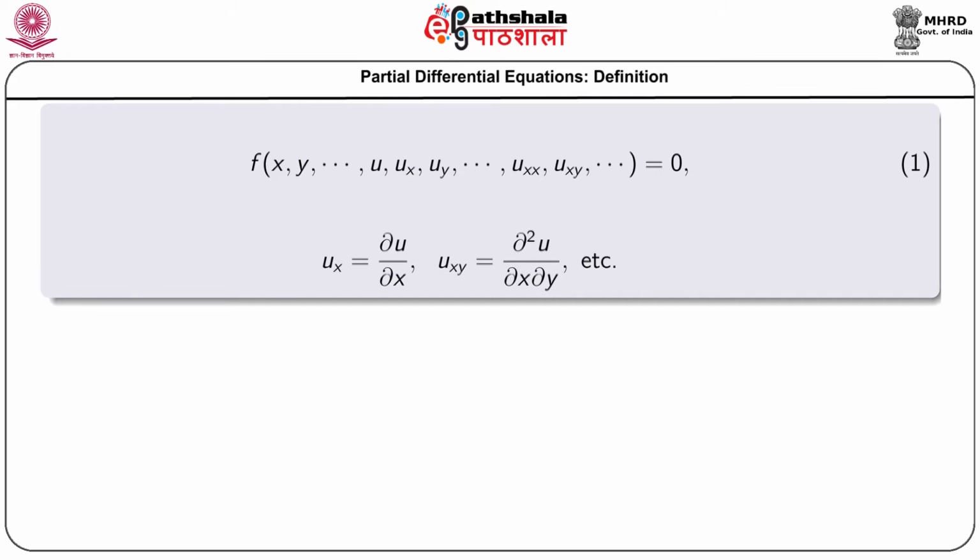An equation involving 2 or more independent variables and one dependent variable and its derivatives of all orders is called a partial differential equation.